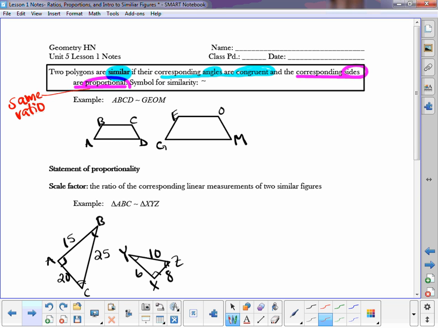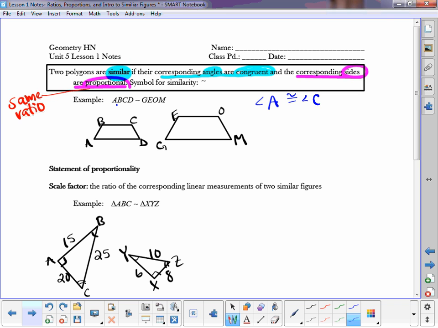So for example, in this first picture here, we are given that quadrilateral ABCD is similar to quadrilateral GEOF. From this statement, we can know the following. Those angles are congruent, so angle A is going to be congruent to which angle?